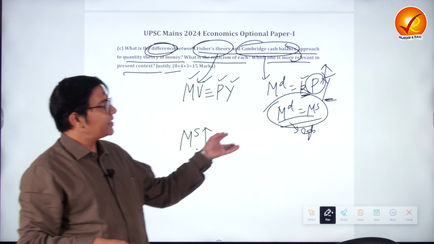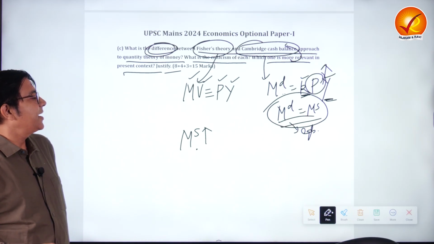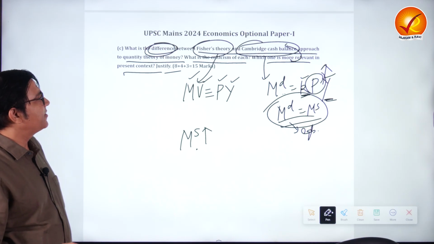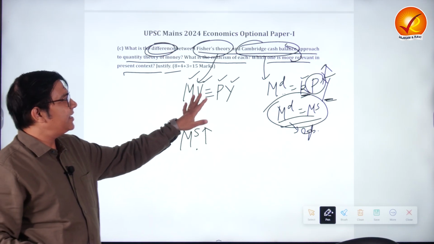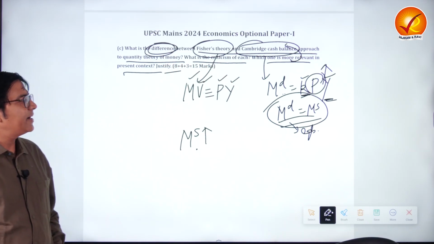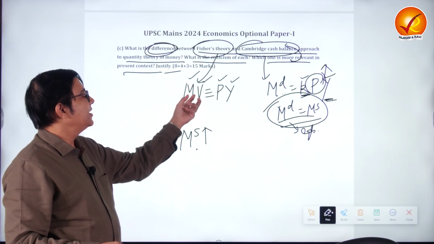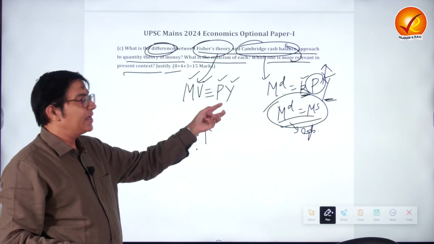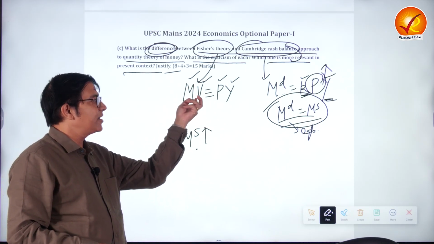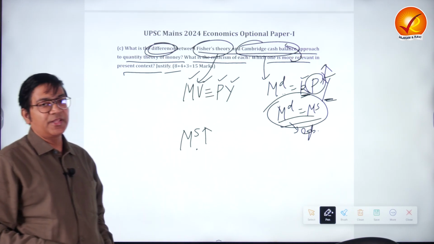So in the context of economic discussion, clearly the Cambridge cash balance is more relevant here. And you can give more arguments. I have written less on this because these two theories are known to all of you, so you can give them in more detail: what is velocity of money, what is P, why Fisher says that V should be constant in the short run and Y should be constant, that is why there is a direct relationship between them, and so on.